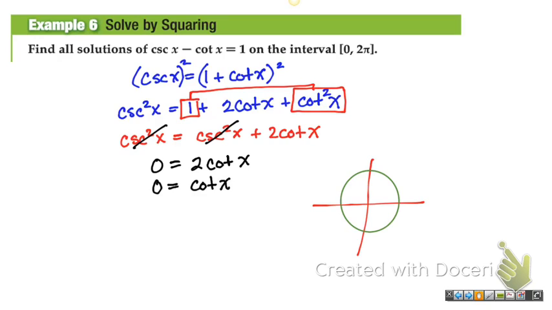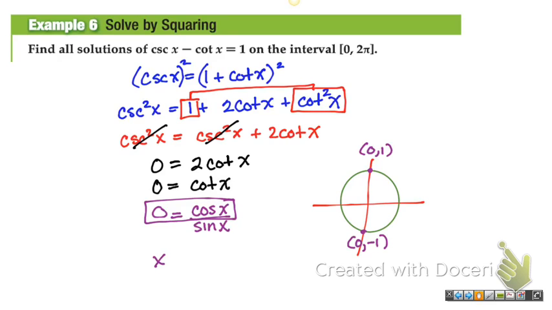And I'm looking for values on the unit circle where the cotangent is equal to 0. So since cotangent is equal to cosine x over sine x, I'm basically looking for where the cosine is equal to 0, right? And that happens here and here, and therefore the answers are pi over 2 and 3 pi over 2.